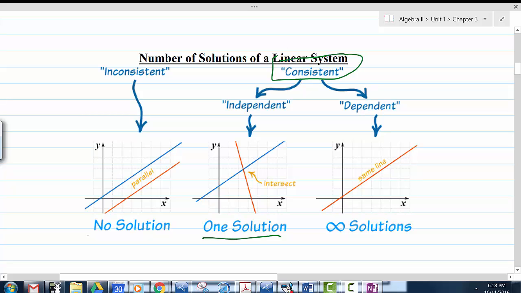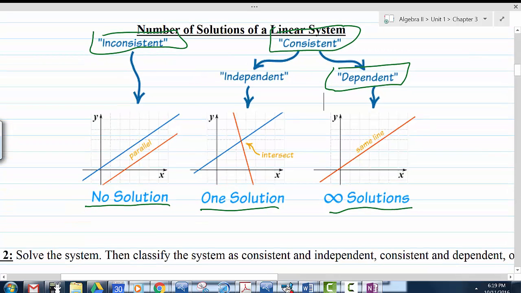Then you have no solutions, which is considered an inconsistent system. And then you have infinitely many solutions, not all real numbers, but infinitely many solutions, which is actually considered a dependent system.